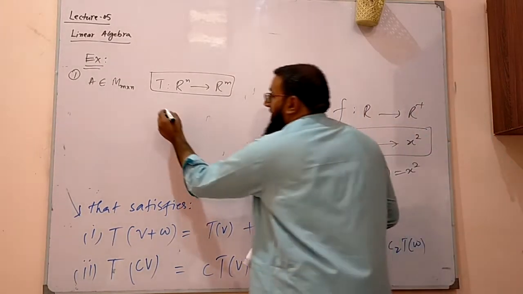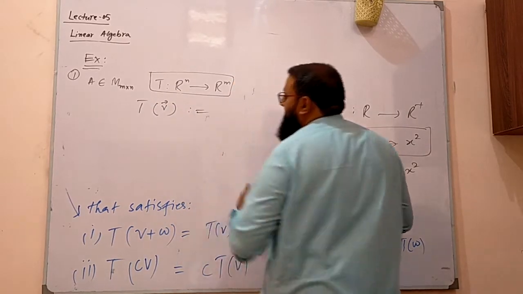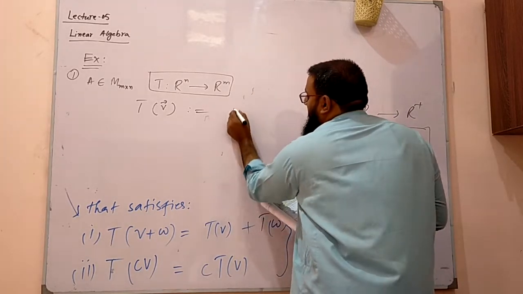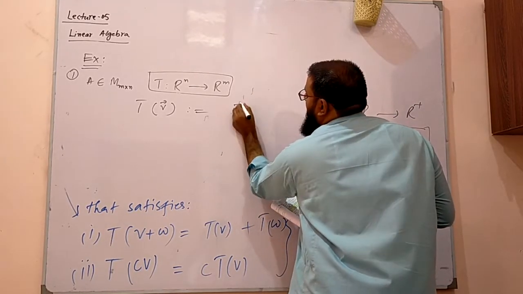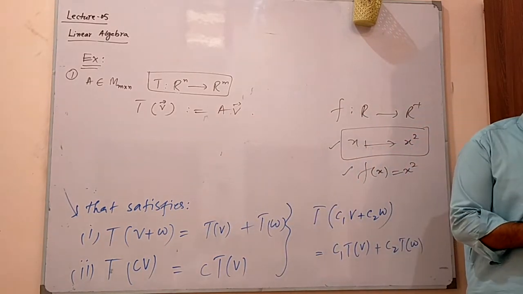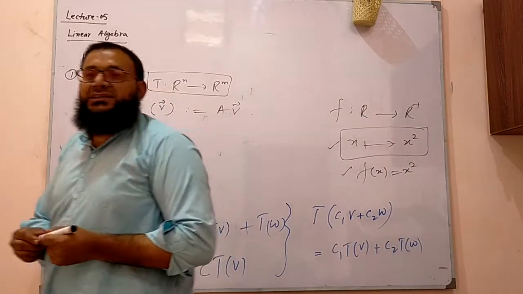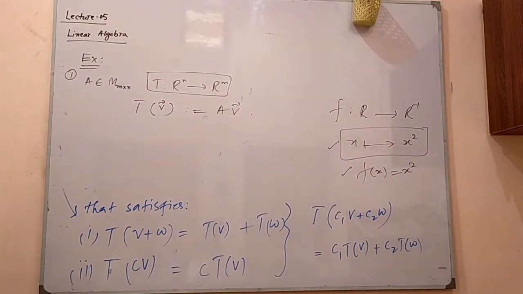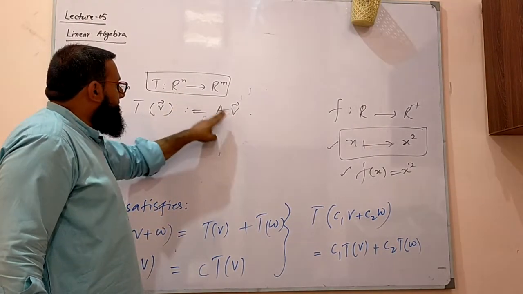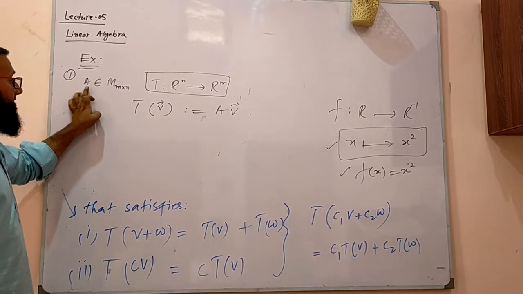So how do I define it? I take a vector in Rn, I operate T, it is the same as multiplying V with matrix A. So I define this linear transformation by multiplication of matrix A. You take a vector V, V is in Rn, and you multiply with the matrix A. What is the order of A?